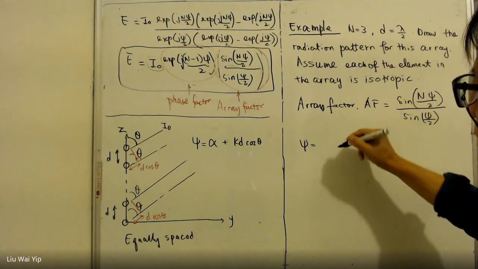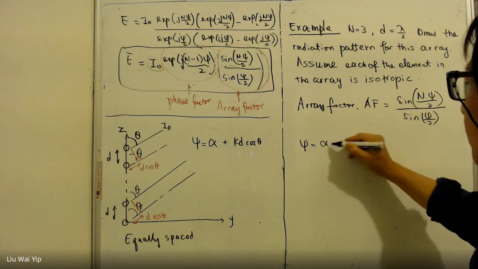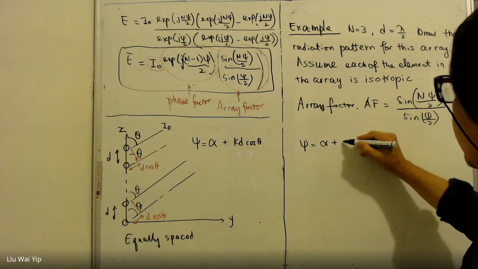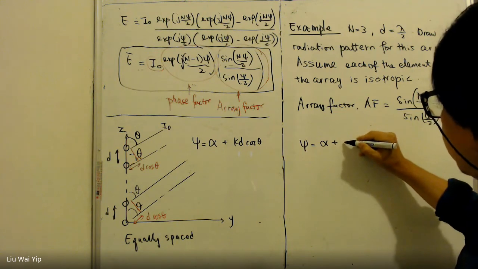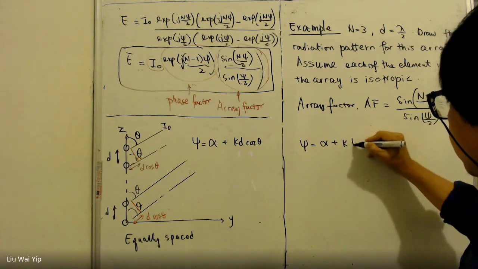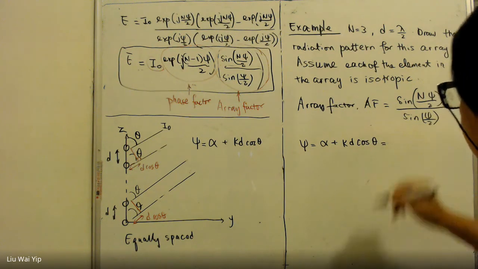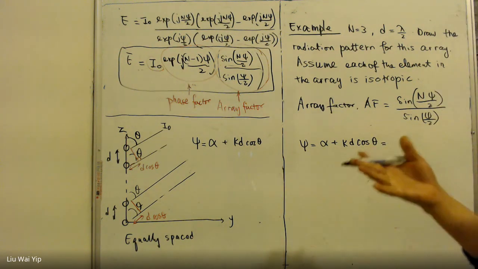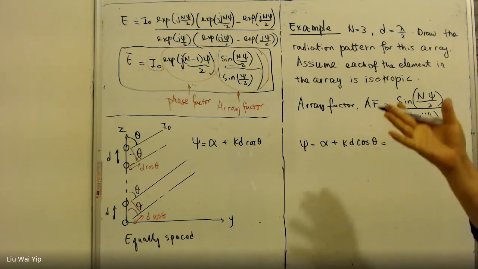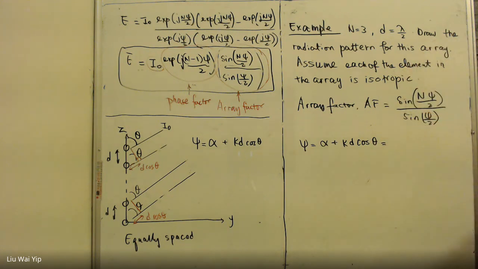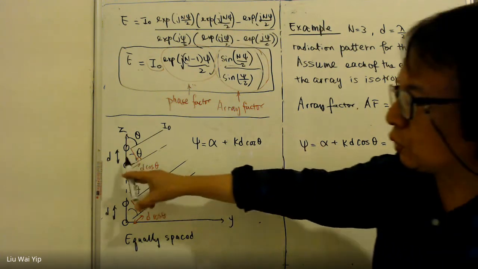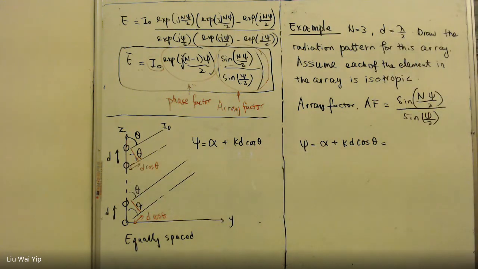It's going to be alpha plus kd cos theta, and alpha is 0, assuming that there is no one adding any phase shift between two neighboring elements.